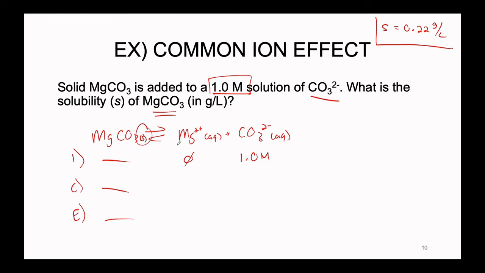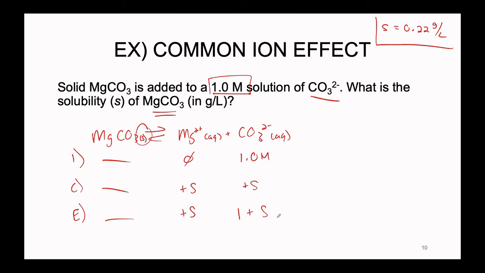So the shift is going to be from left to right. The change we predict is that we create at least some magnesium here. We're also going to get a +S for both of these, since both are on the product side. So the equilibrium concentration of our magnesium is going to be S, and the carbonate concentration at equilibrium is going to be 1 + S.